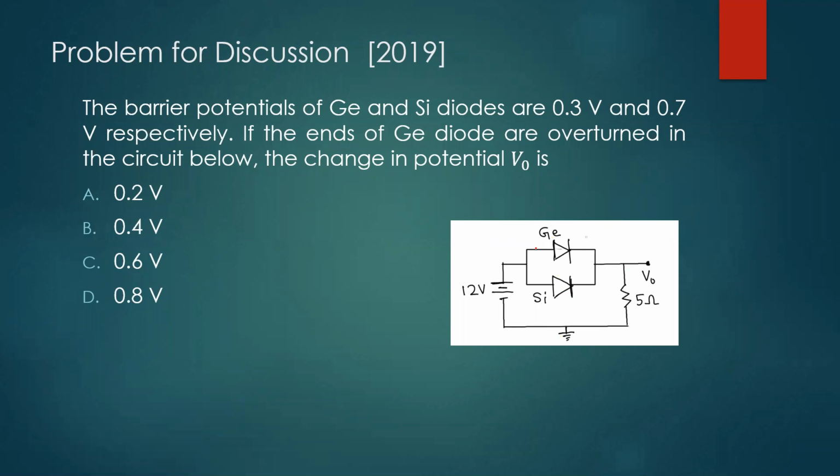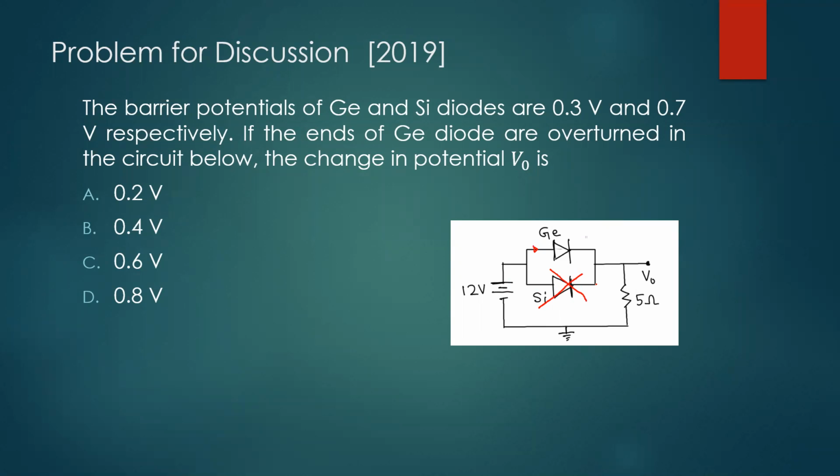So that means the upper path is a low resistance path, and the lower path is a higher resistance path. The charges take the least resistance path. So the charges will not flow in this direction, which means your silicon diode is not effective.